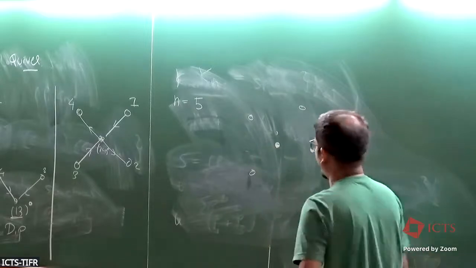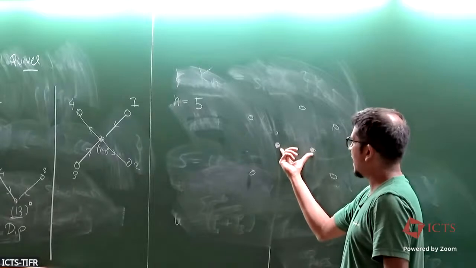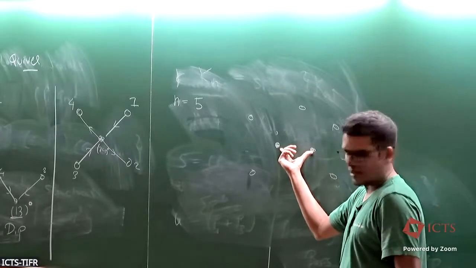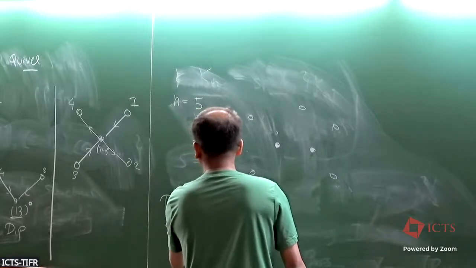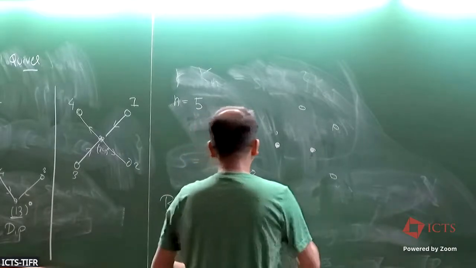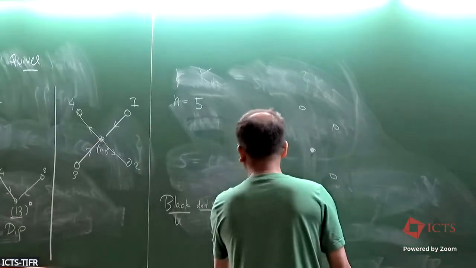The number of black dots I put, that's what I was saying, the next picture will make clear, is basically n minus 3. So the number of black dots is n minus 3. We are drawing some quivers, I hope it's okay. We are just laying down some rules.